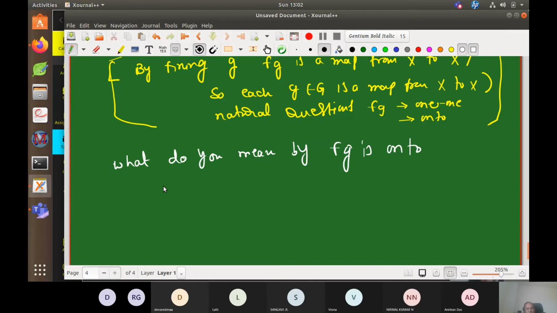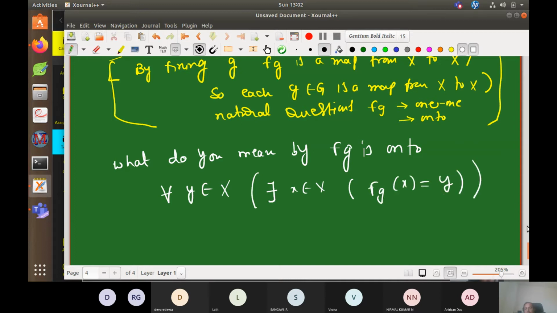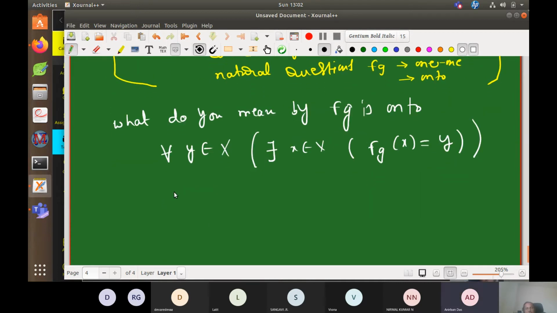So for every y in X, there exists some element x in X such that Fg of x equal to y, right? We can solve for x. It is straightforward, I hope you all know. So I do not want to waste time. It's G inverse y.